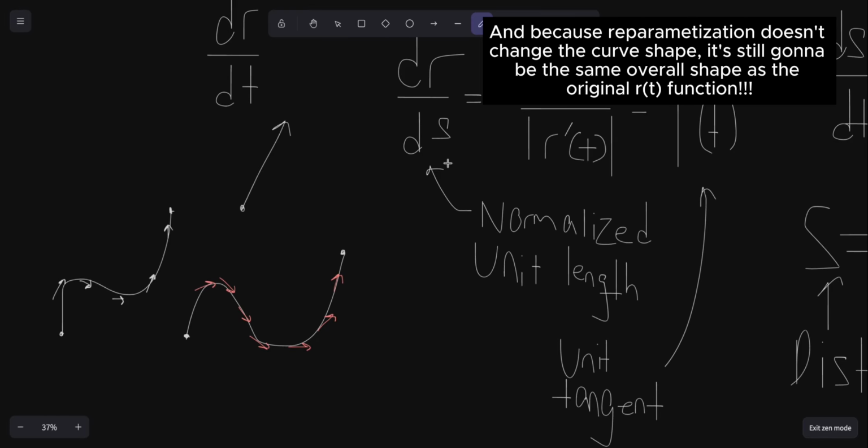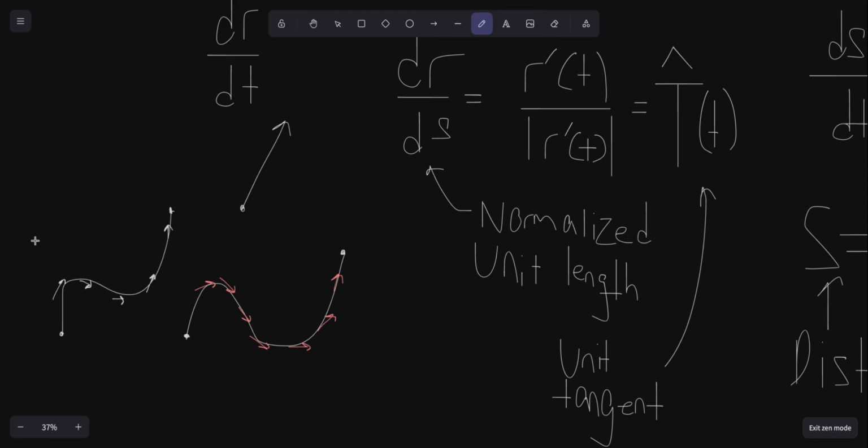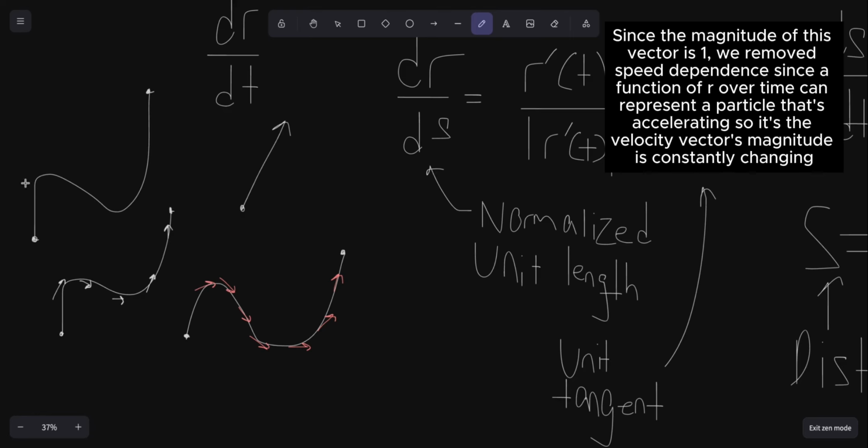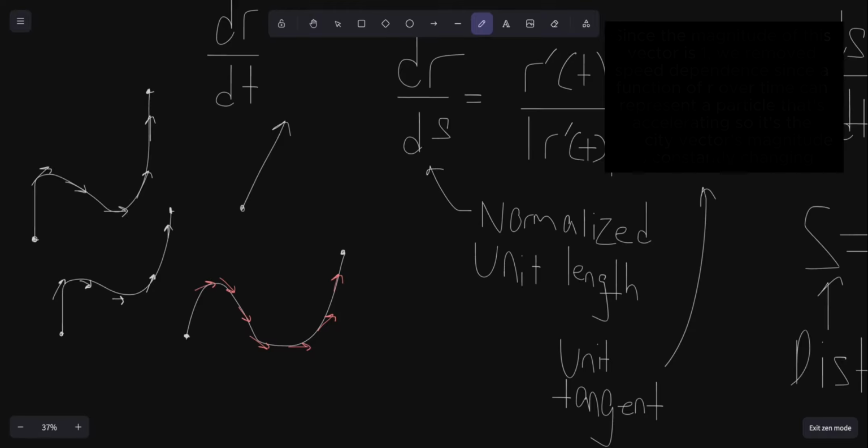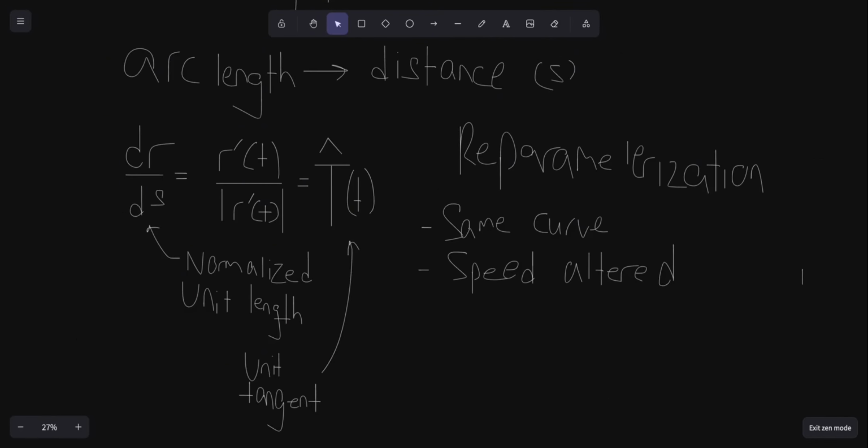Because at the end of the day, when you reparameterize a function, it's still going to give you the same curve. But the difference is that because we parameterize it with respect to the distance traveled, everything is going to be of unit length. So the velocity vectors are going to be unit length, hence why it's called a unit tangent. This is just a little review of what we've done, because this can seem a little overwhelming.